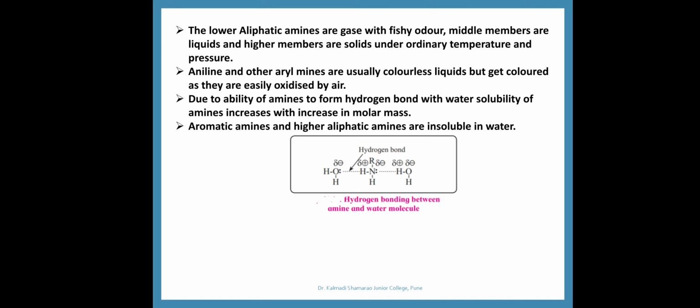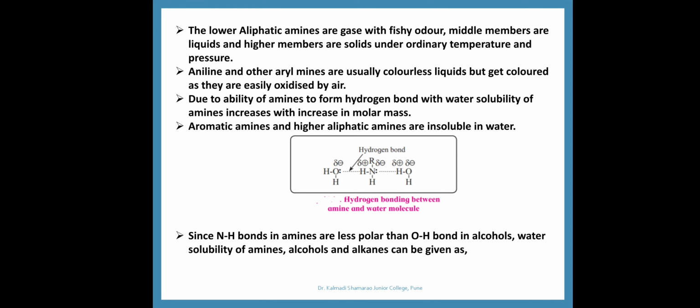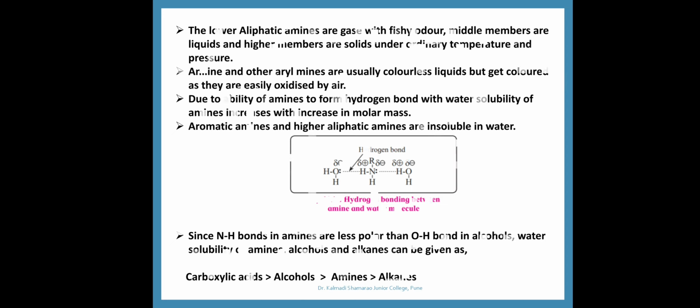In this, hydrogen bonding is shown between the amine and water molecule. Since N-H bonds in amines are less polar than O-H bonds in alcohols, the water solubilities can be given as: carboxylic acids are more soluble in water than alcohols, alcohols are more soluble than amines, and amines are more soluble than alkanes.